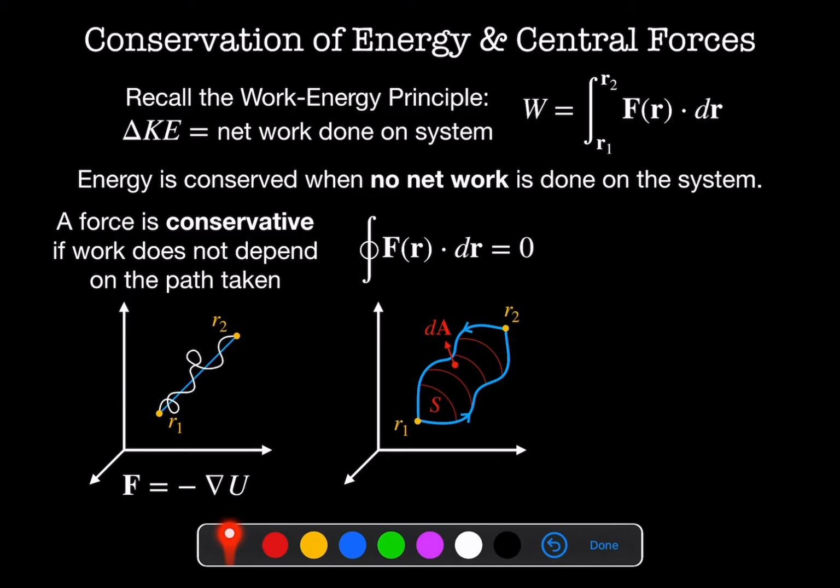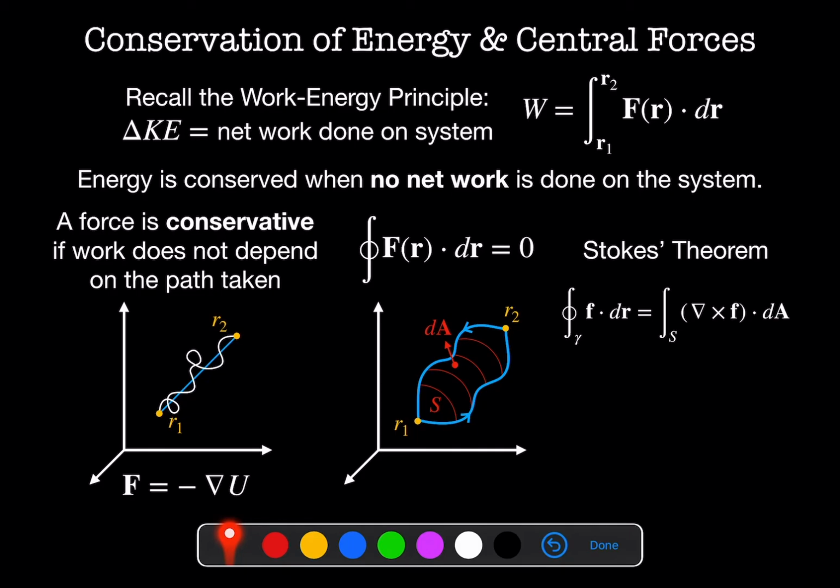And it has a normal and an infinitesimal area element here. So what Stokes' theorem tells us is that the integral of F dot dr around a closed loop is equal to an integral over the surface spanned by that loop of the curl of F dotted into that area element.